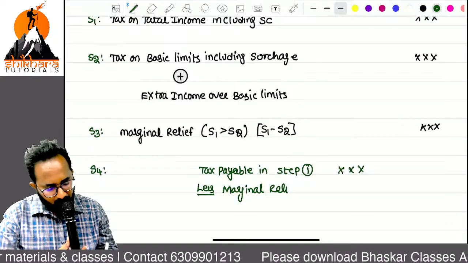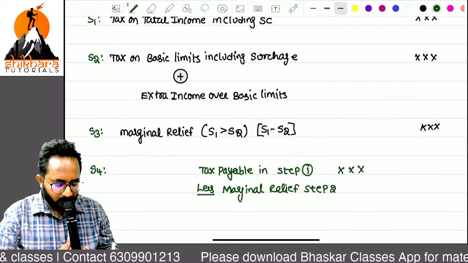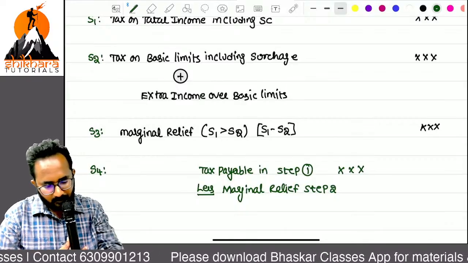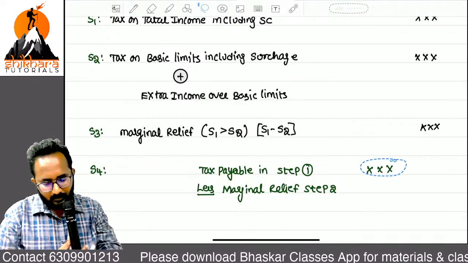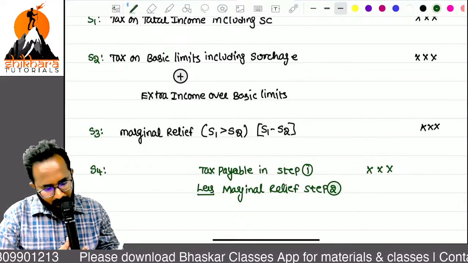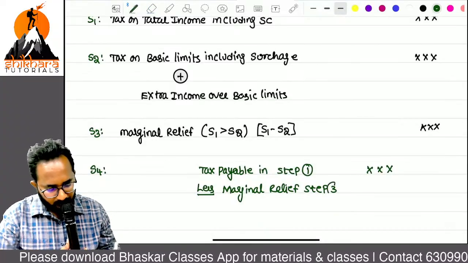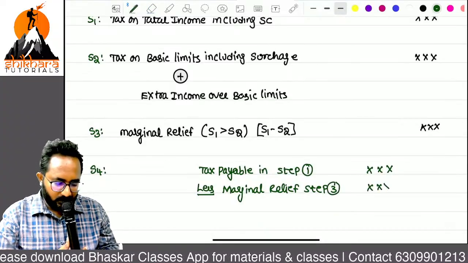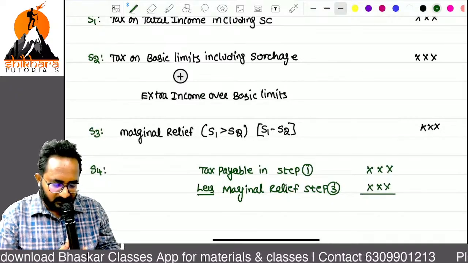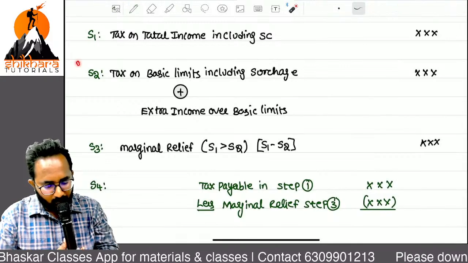That only you have to take. Step 3. So now you will get the what, ma? If you are reducing the marginal relief, that means simply you will get which step? Step 2 only you will get.